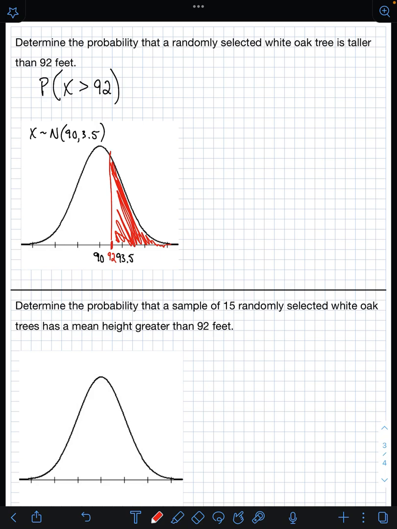Now that's not a tiny region. It's less than half of the area under the curve, certainly, but it's not teeny tiny. It's not highly unusual to have that. I mean, 92 isn't even one standard deviation away from the mean. So again, this is not particularly unusual to have a value such as this.